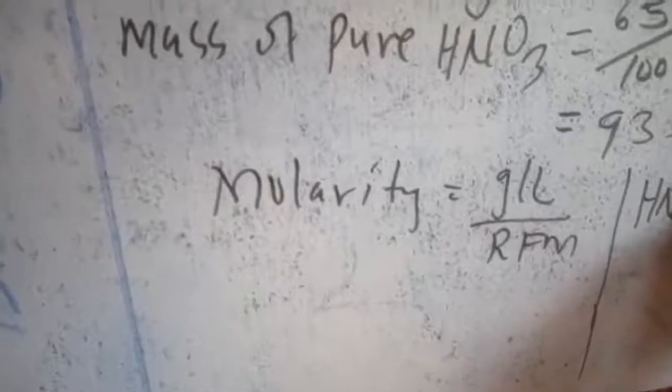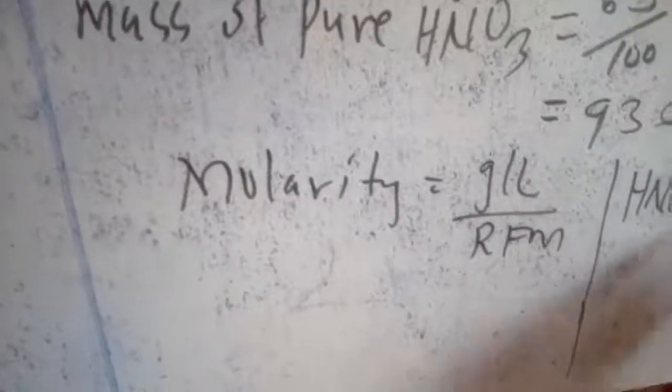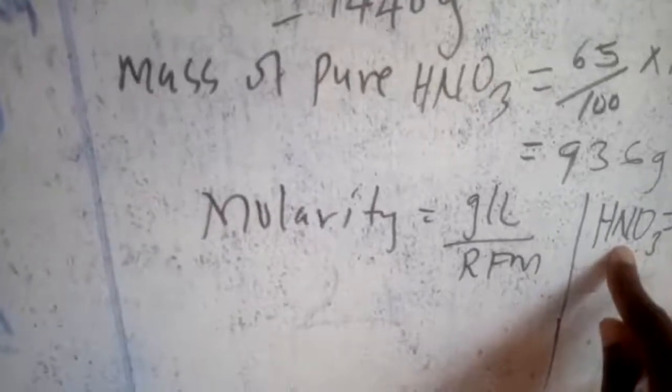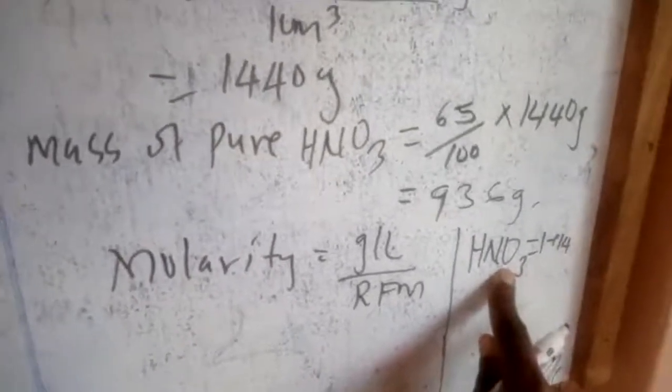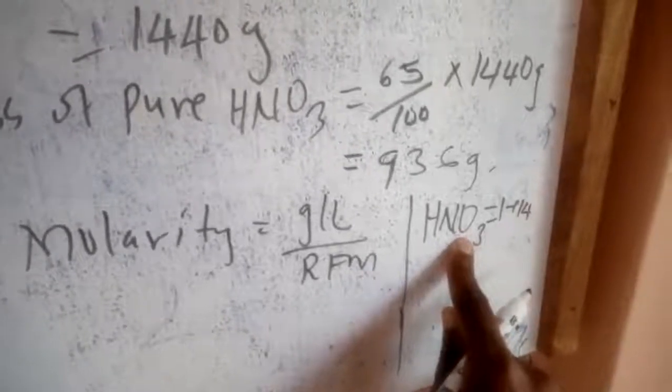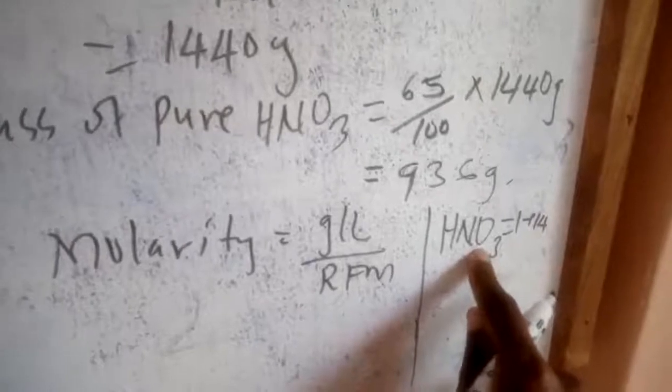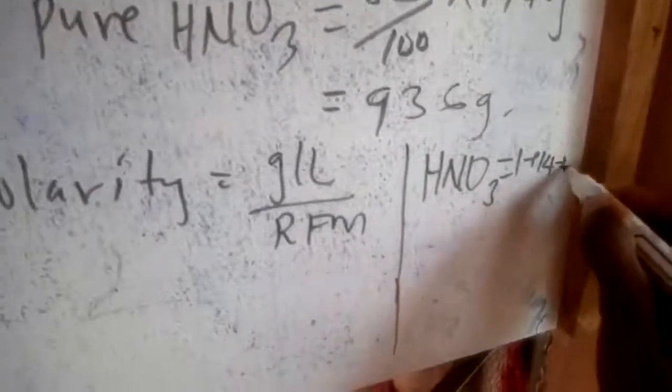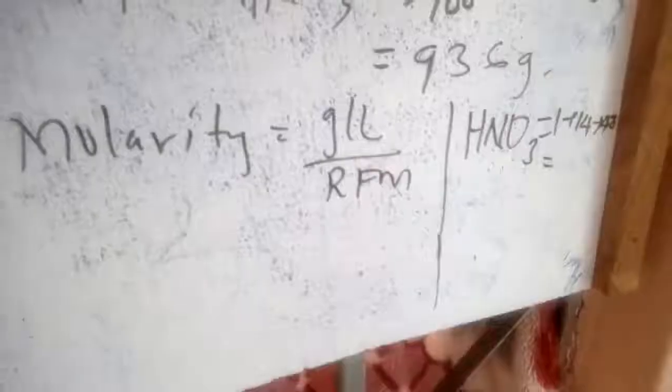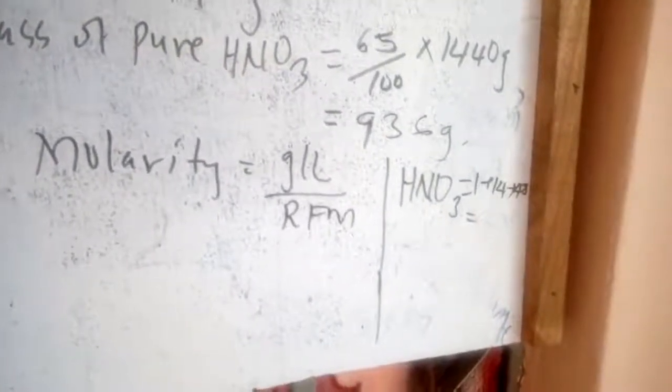As far as nitric 5 acid, HNO3, is concerned, the relative formula mass is 1 plus 14, because nitrogen has a relative atomic mass of 14, plus oxygen, which has a relative atomic mass of 16, multiplied by 3 because there are 3 atoms of oxygen, giving 48. So you take 1, add 14, then add 48, and the answer is 63.